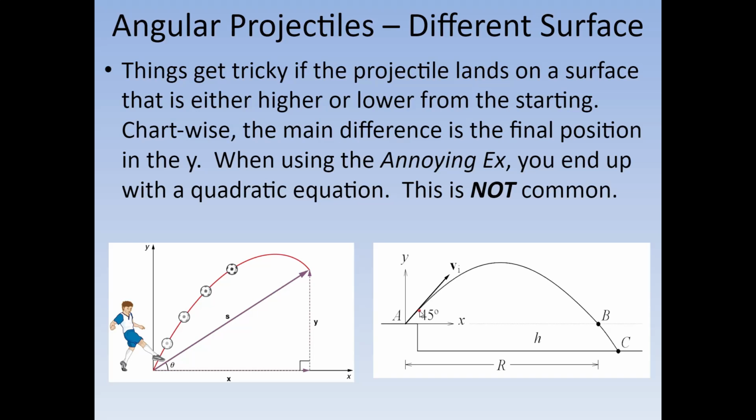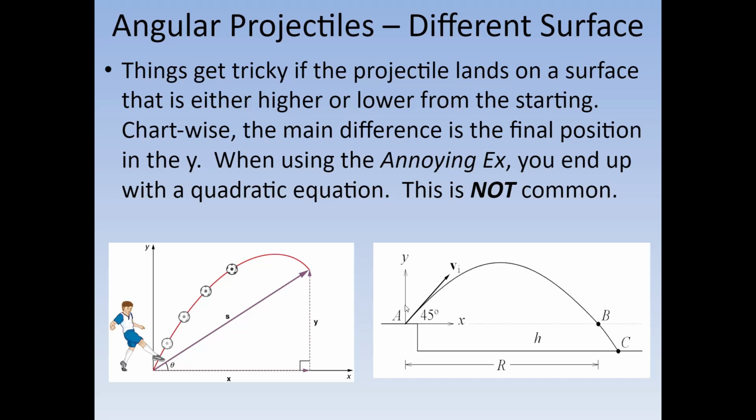The only difference is that you have either a new initial or final y value. The one thing to keep in mind though is that when you solve for x this time, unlike with the horizontal projectiles, you're going to end up with a quadratic equation. So be careful. It's not a super common problem, and there are ways to get around it, but just be aware of that.